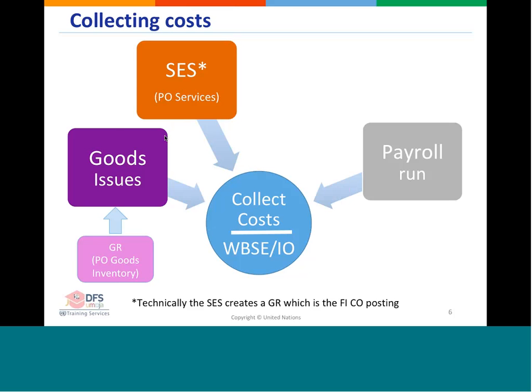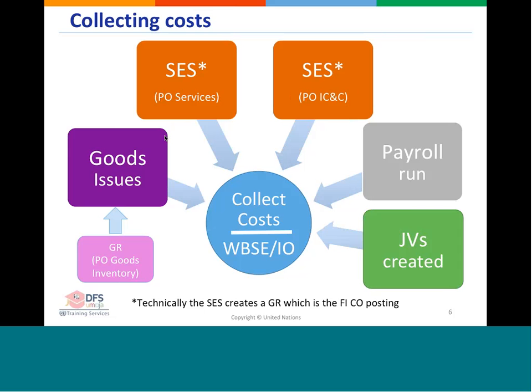If the payroll can be directly attributable to the project, then we will charge it directly to the WBSE. There are other service entry sheets, as a result of the payment for the consultants or individual contractors that we may hire in order to self-construct any given project for assets under construction.